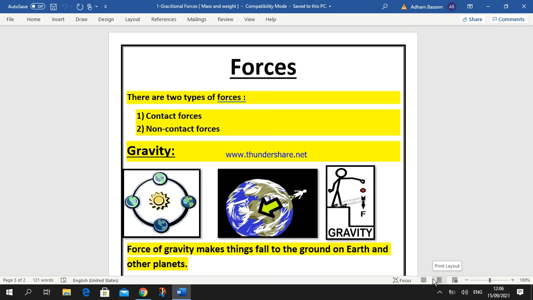So the force makes a change in the object's state, by moving it or keeping it still or fixed, or changes the object's direction, changes the object's speed by slowing down or speeding up, or changes the object's shape, okay?